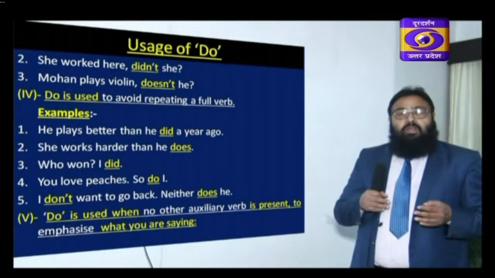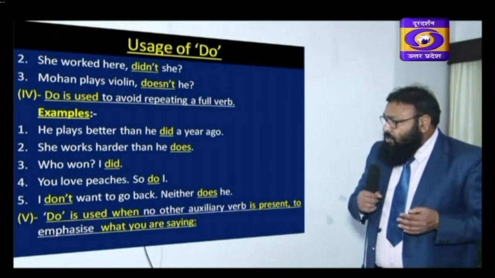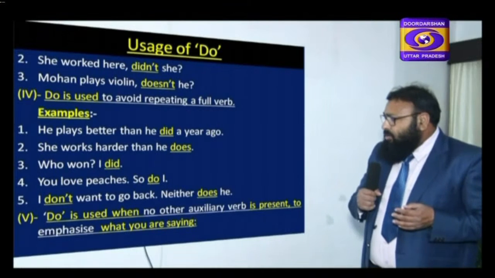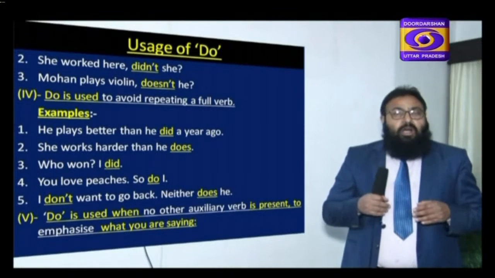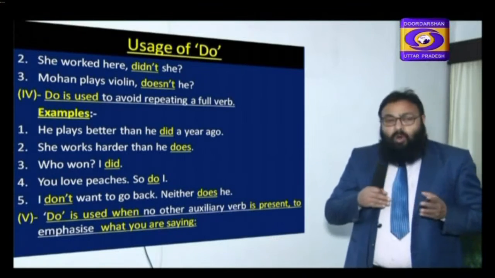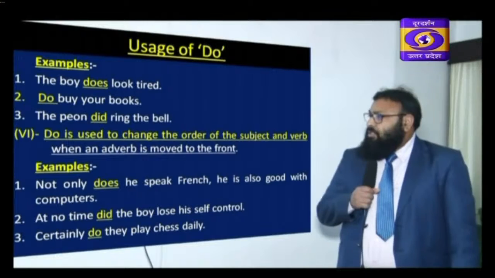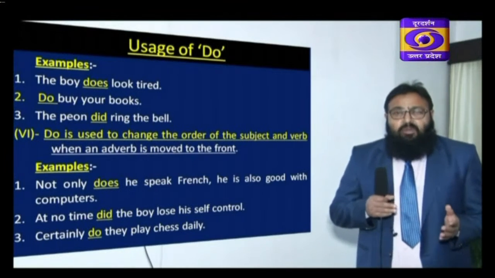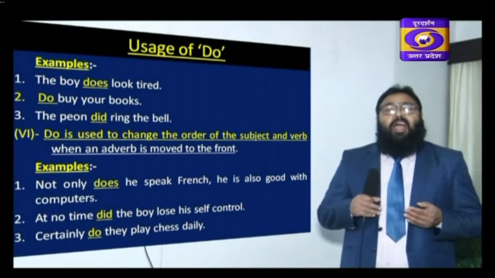So the fifth use of do as a helping verb is when no other auxiliary verb is present, to emphasize what you are saying. The boy does look tired. Now the simple statement is, the boy looks tired.